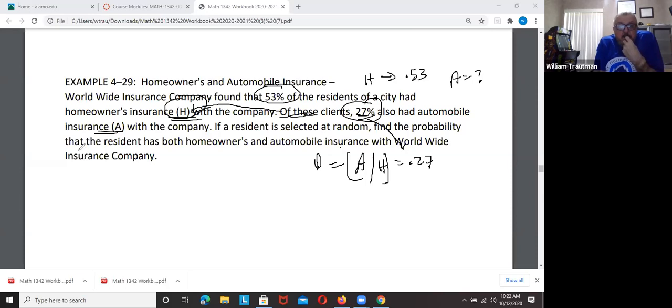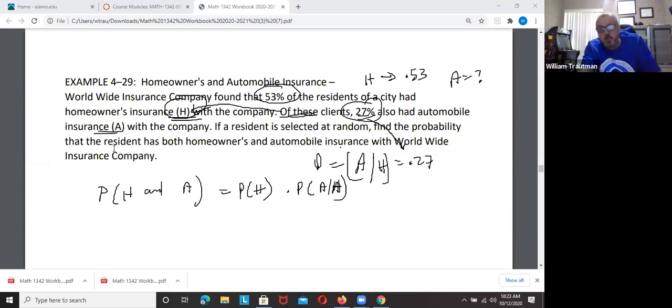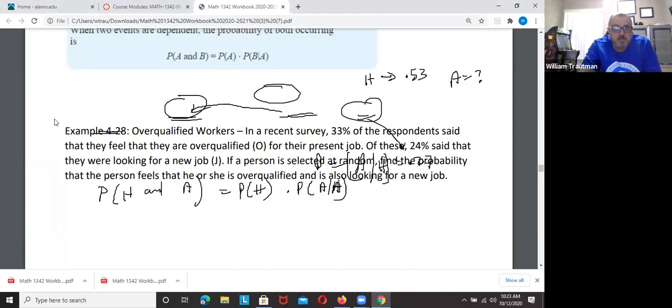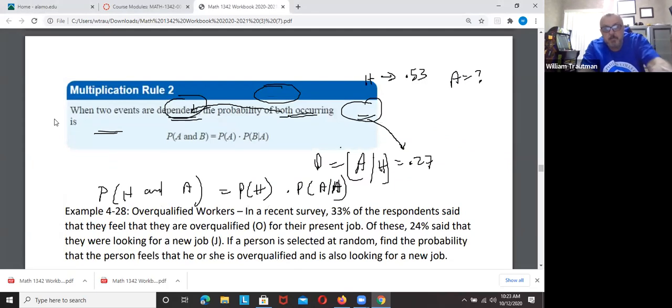It says, find the probability the resident has both homeowners insurance and automobile insurance. Well, we don't know what A is, but we do know H and A equals the probability of H times the probability of A given H. Once again, if we go back up to the top formula, that's the formula I'm going to keep referring to.